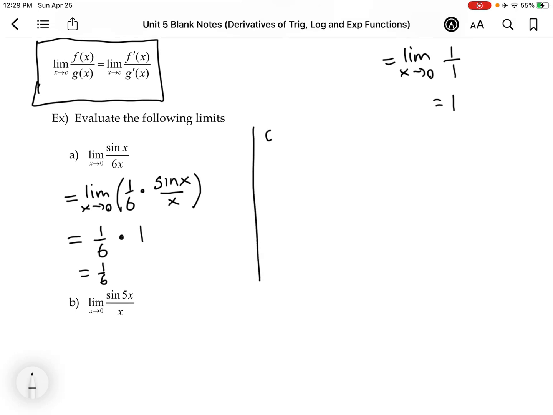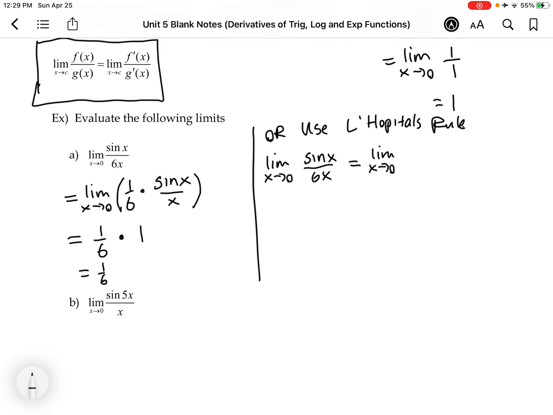Okay, or we can use L'Hopital's rule. Okay, and we can say that the limit as x approaches 0 of sine x over 6x is going to be the same as the limit as x approaches 0 of the derivatives of both of these.